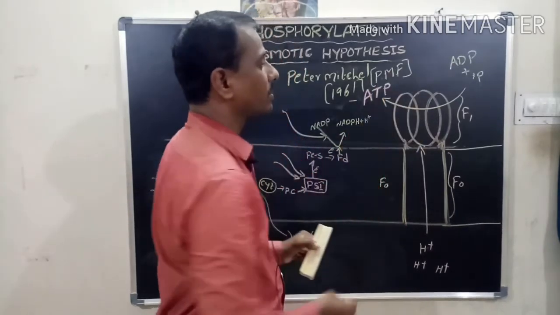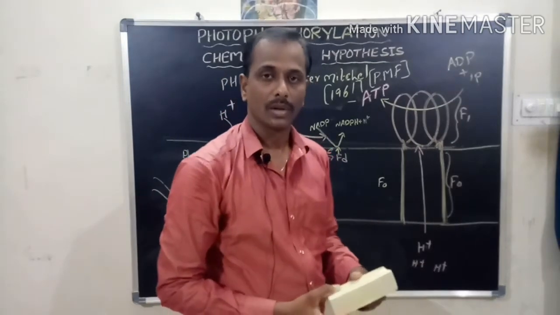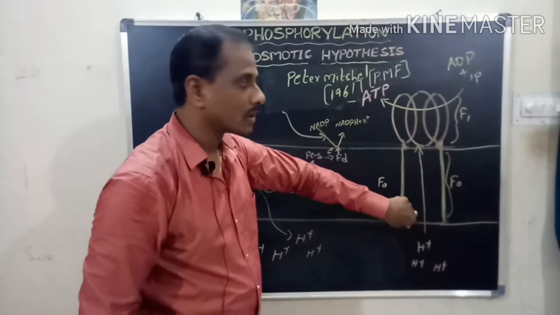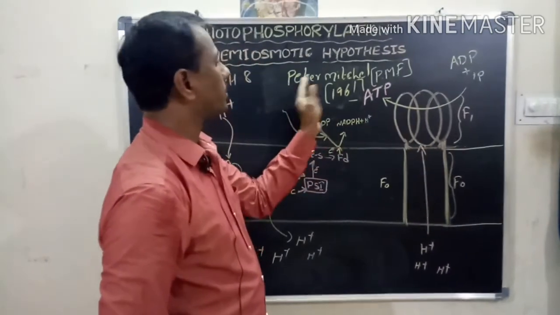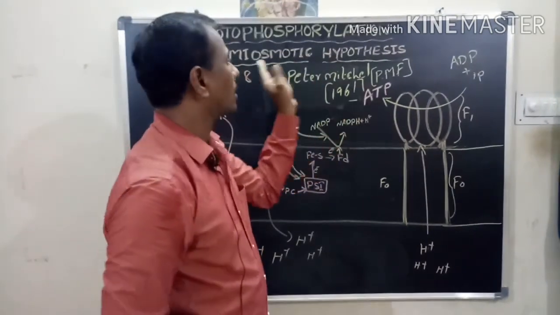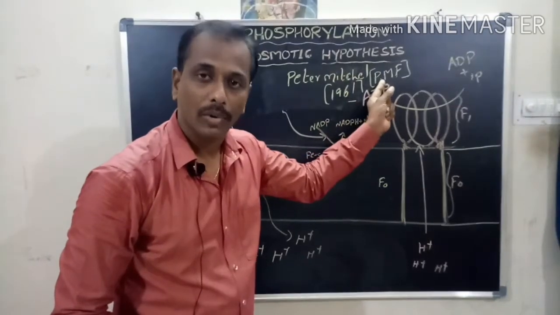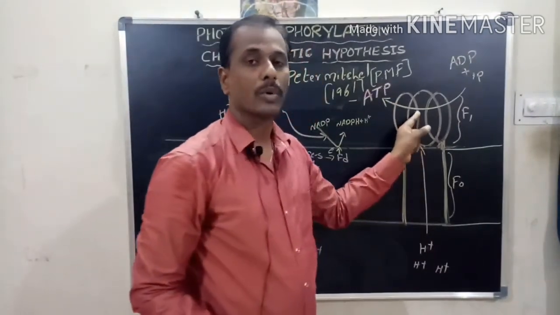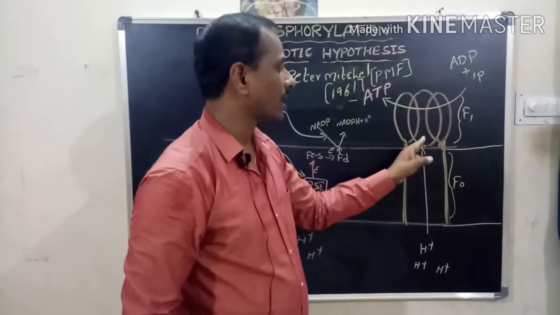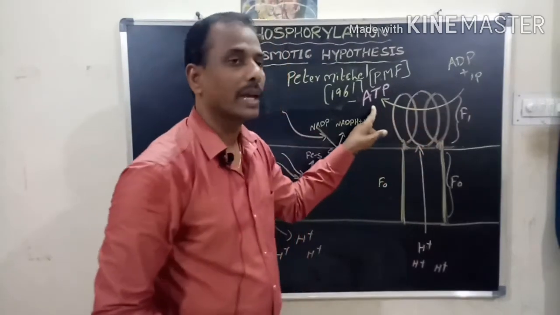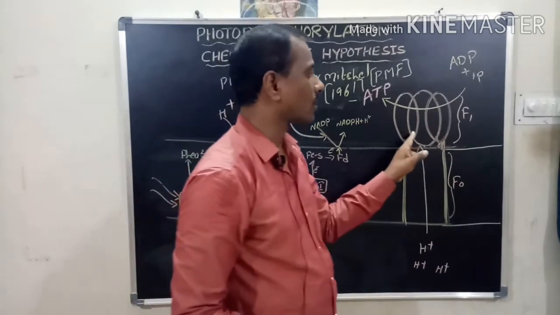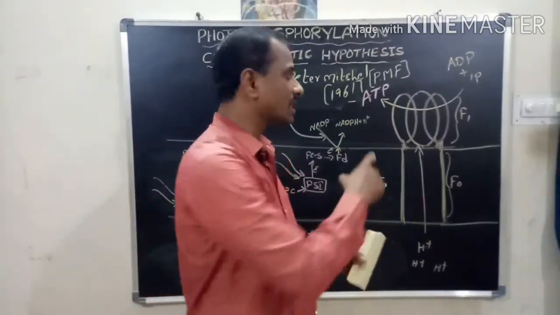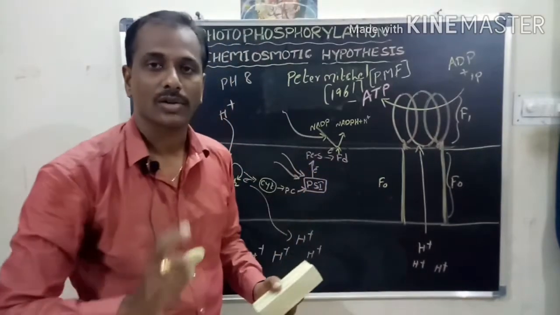See here, ATP is synthesized. According to Peter Mitchell's chemiosmotic hypothesis, H plus ions move towards the protein complex and help in the formation of ATP. This process is called photophosphorylation, which takes place in the light reaction.